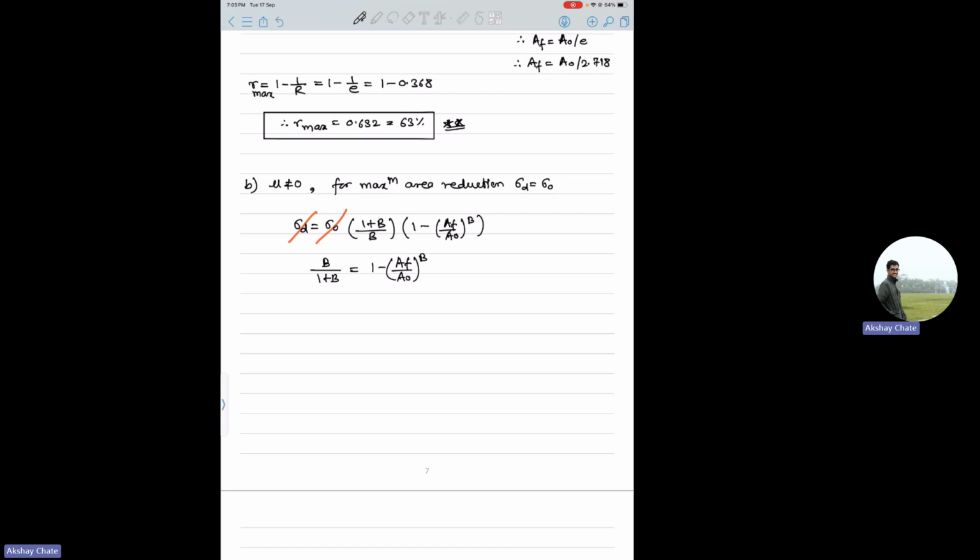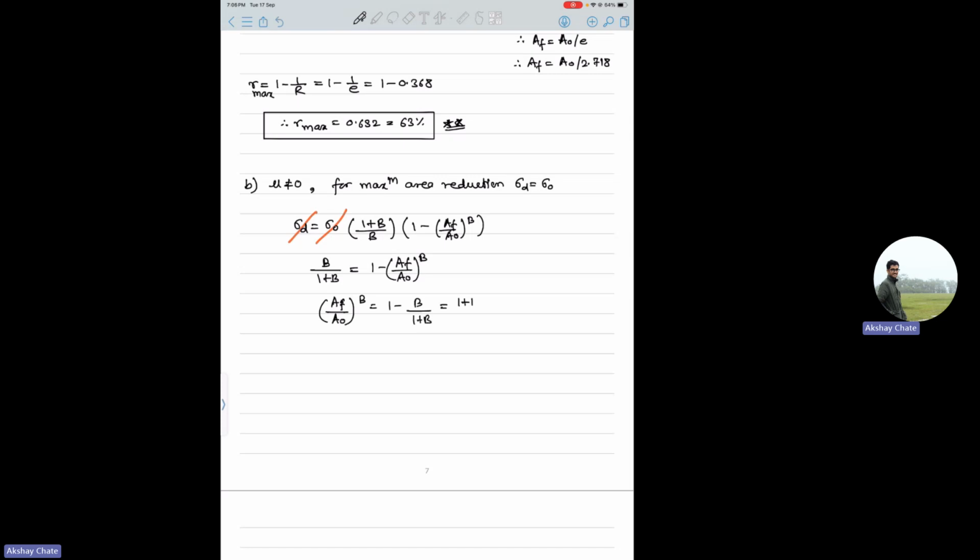And then you can do further simplifications, and what you can do is you can do this 1 minus this thing, right? So (af by a naught) raised to B will be 1 minus B by 1 plus B, right?